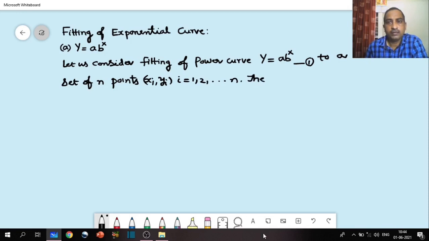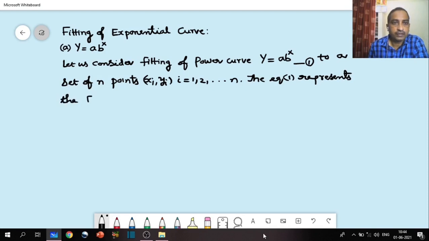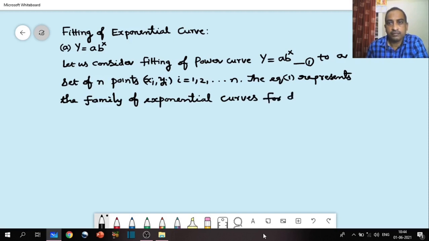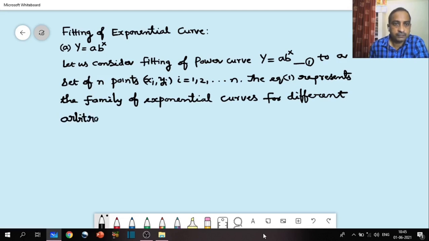So equation 1 represents the family of exponential curves for different arbitrary constants a and b.